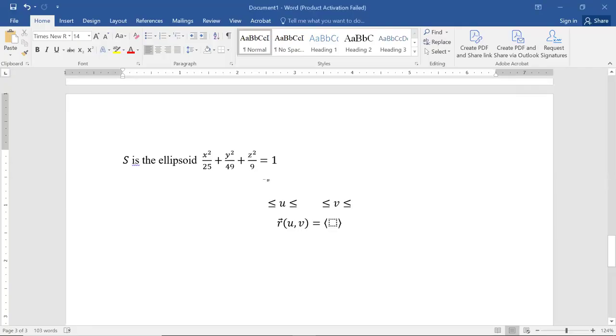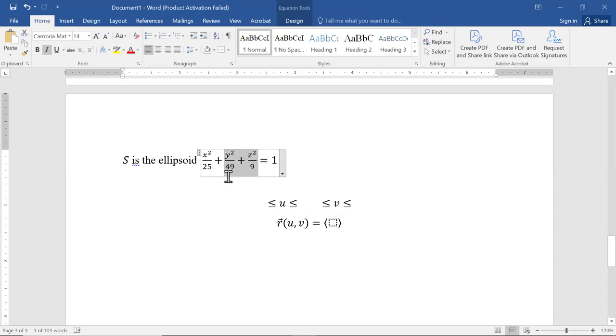So here's how we do that. What we're going to do is we want this x squared over 25 to end up being like a cosine squared. If I do that, then this whole piece has to end up being something like a sine squared.